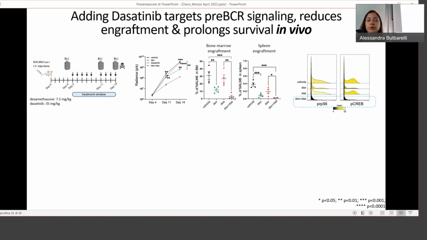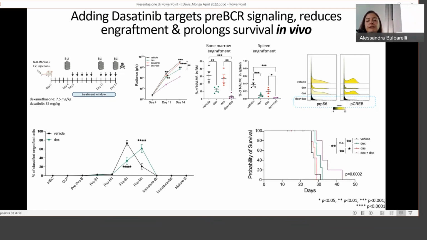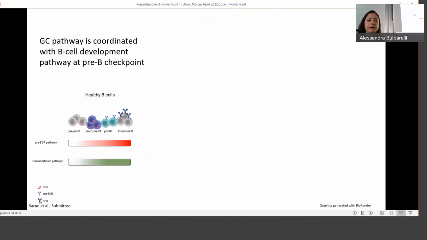And we can see this on the organ basis here in the bone marrow, as well as in the spleen. And with this combination therapy we are able to abolish the signaling that we came to know to be indicative of pre-B cell activation. We saw the same sort of developmental change where these cells seem to shift into a more mature state. And it did give a survival advantage in the in vivo setting as well.